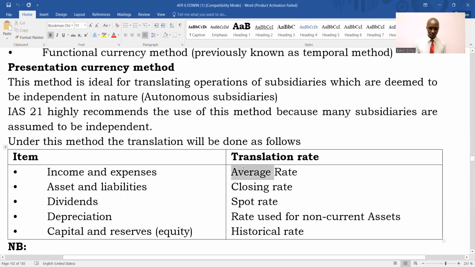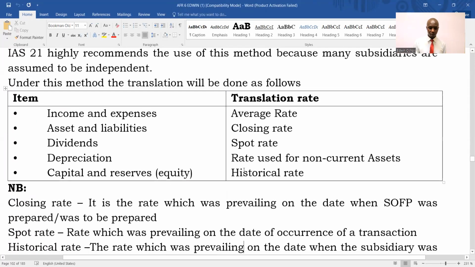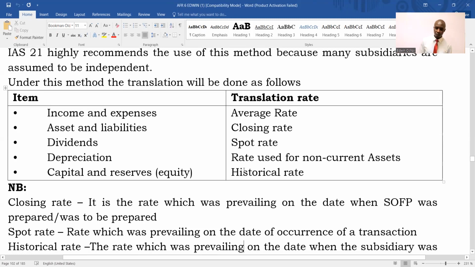But for the closing, which you use in translating assets or liabilities, closing is the rate which would be prevailing on the date when the statement of financial position was to be prepared, so as at the end of the year of the relevant question. The closing rate is given as at the closing date, the date when you are preparing your statement of financial position.